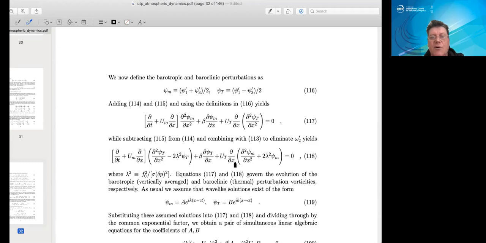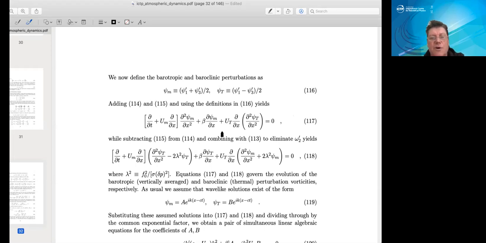So this gives us now a closed set of equations. One equation is purely related to the stream function. The other is also related to the thermodynamic equation. They both, in this linearized form, constitute a closed set of equations.